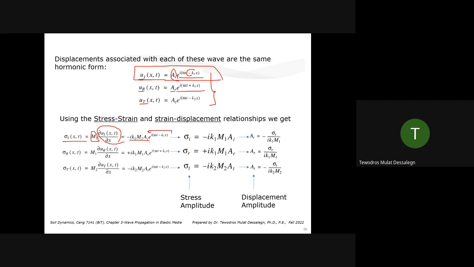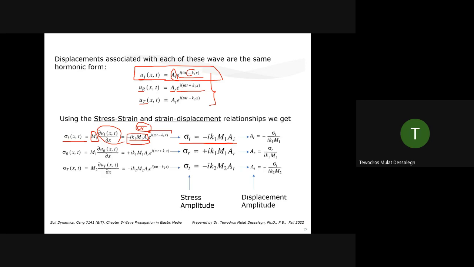But earlier we said the incident stress is sigma i, small i, times this complex pattern. So this sigma i, the amplitude, is now this portion. That's why you see it here. The amplitude portion of that complex wave is minus i k1 M1 Ai. This is in terms of stress.